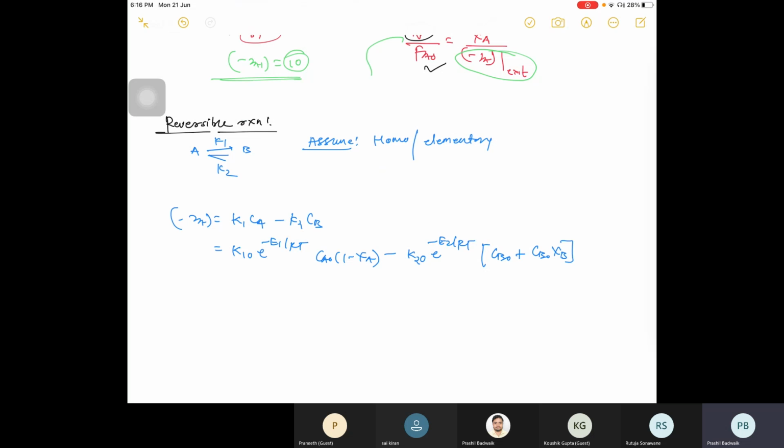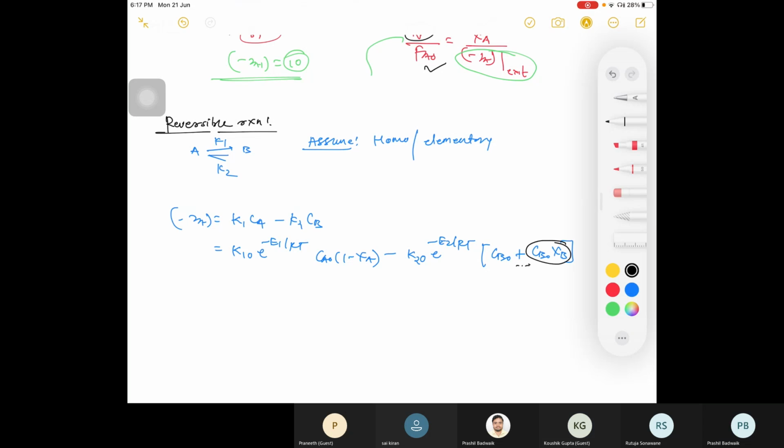Why is it a plus sign? Because B is your product. Now can I replace this by Ca naught into Xa? Yes, sir. Because of your reaction coordinate, that is the same. Cb naught is 0 initially. So you have this equation, right? This is your equation.